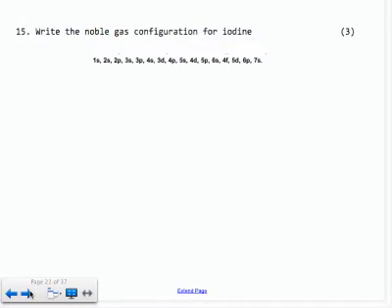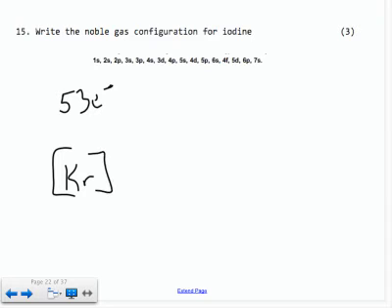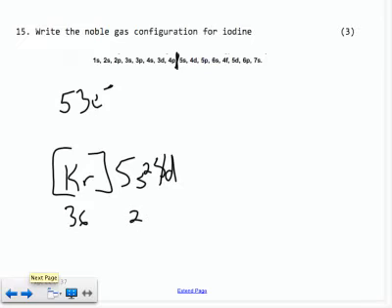So 53 electrons, starting with krypton, which has 36 electrons. The next sublevel is 5s. After 5s comes 4d. So 5s can hold 2. 4d can hold 10. So that gets me to 48.